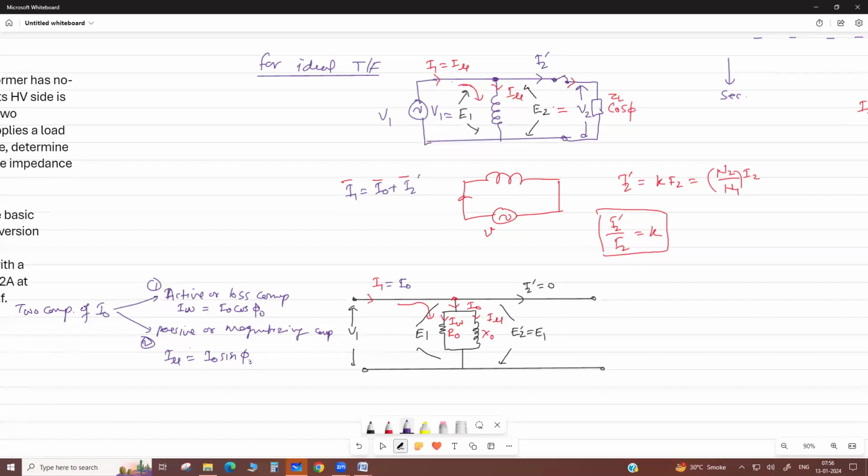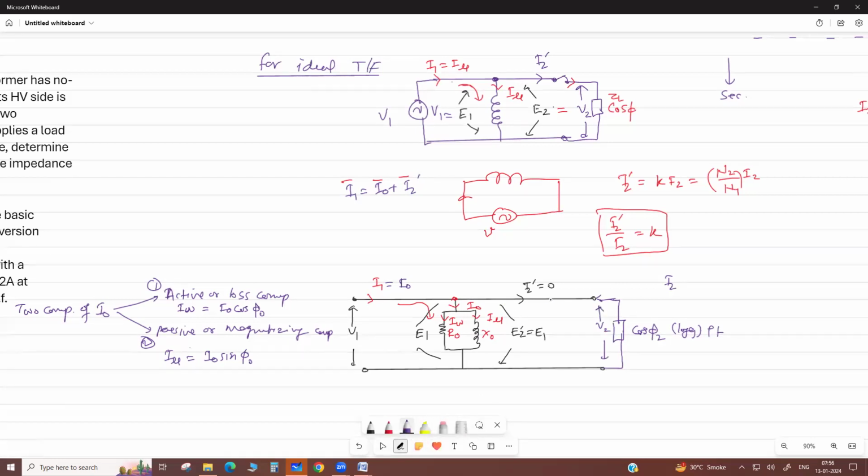Then if you connect a load on the secondary, let the load power factor cos phi 2 be lagging. Then I2 lags V2.